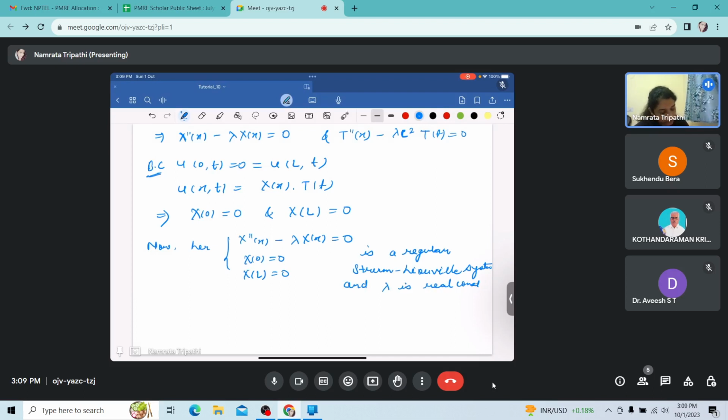Can anyone tell me what is the solution for this eigenvalue, eigenfunction? Because we have already solved these types of problems in which we found the eigenvalue and corresponding eigenfunction. Please solve and tell me the eigenvalue and eigenfunction for this system.